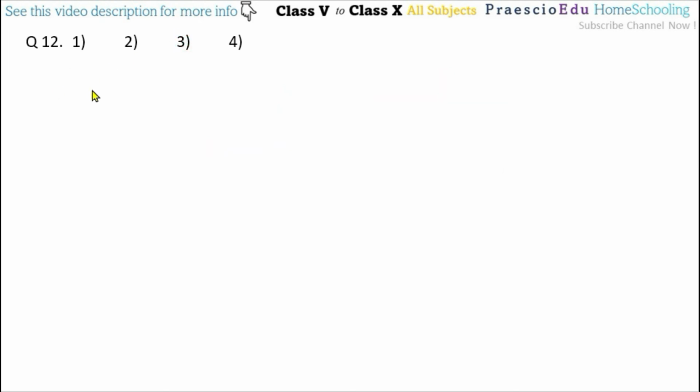Then question number 12. In a code language, 5 is equal to 13, then 7 is equal to 19, 8 is equal to 22, then 1 is equal to how much? If you multiply 3 by 5, we get 15, and then minus 2, we get 13.